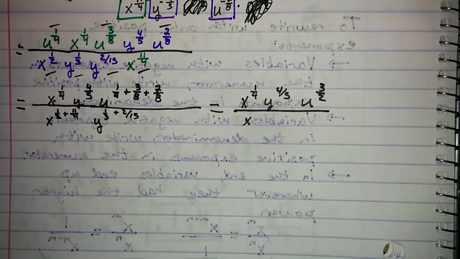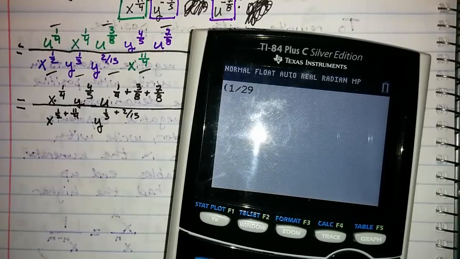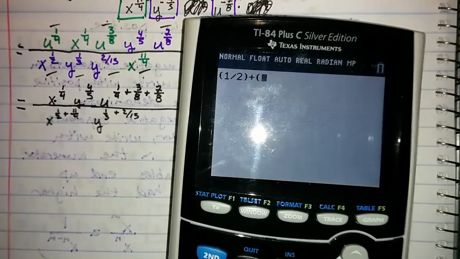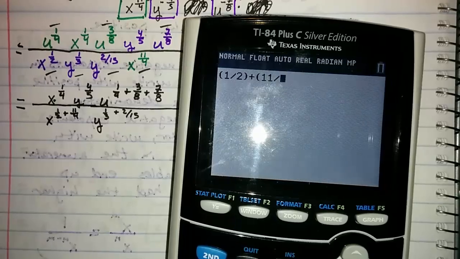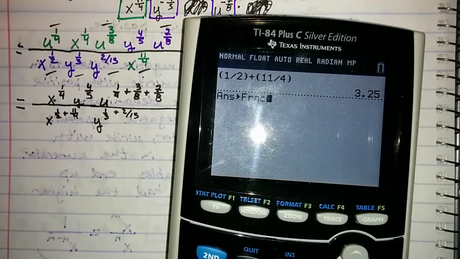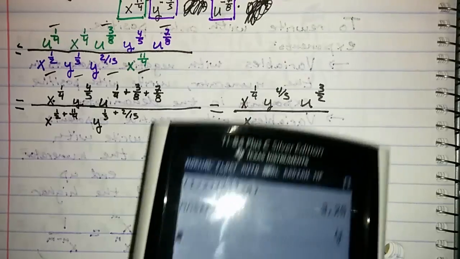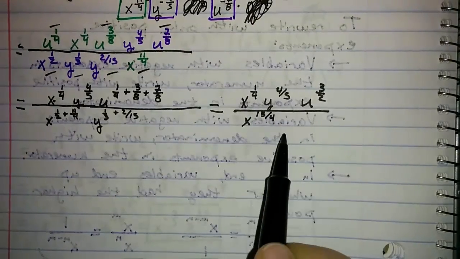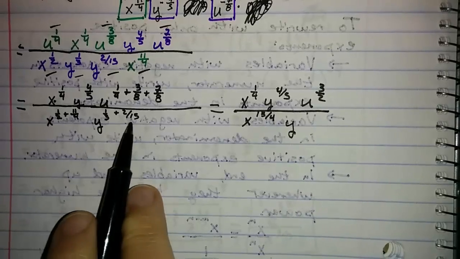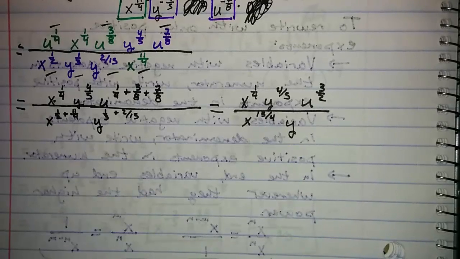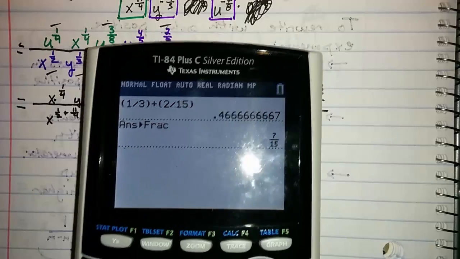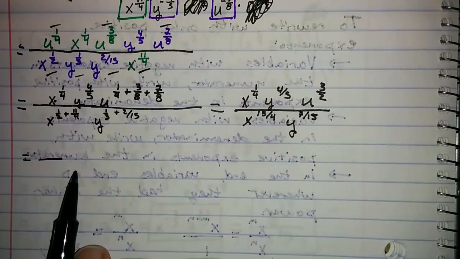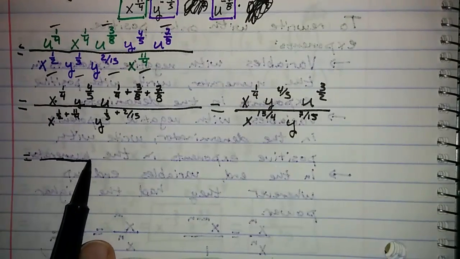X to the 1/2 plus 11/4 is 13/4. Then y to the 1/3 plus 2/15. That's 7/15.